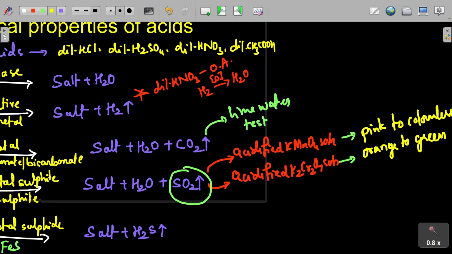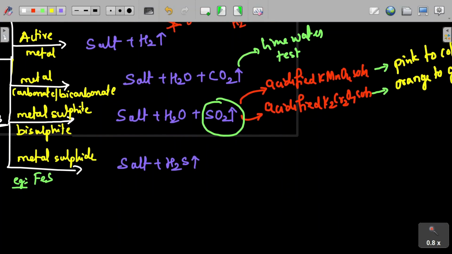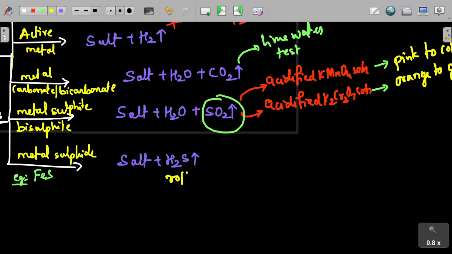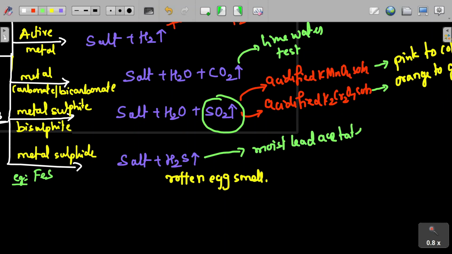And for H2S, first of all, we can identify it by the smell. It is a rotten egg smell. But if they ask you to write the test for H2S, we will write moist lead acetate paper, which turns silvery black. When you show moist lead acetate paper to H2S gas, it changes the color of the paper to silvery black.